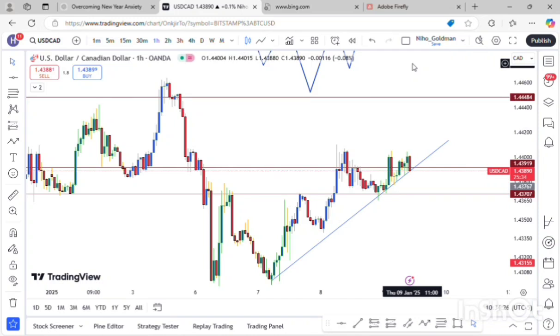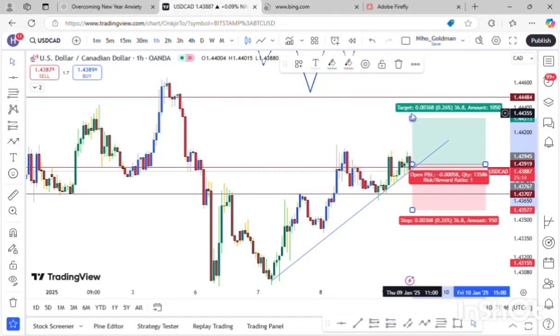But if it does not, once it breaks back up, I'm adding more positions. If it breaks back up, I'll add more position. Yes, and that will give me my complete 1:2, just as we projected on the 15 minutes.